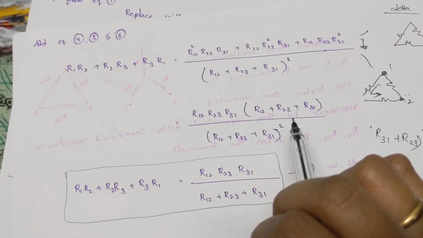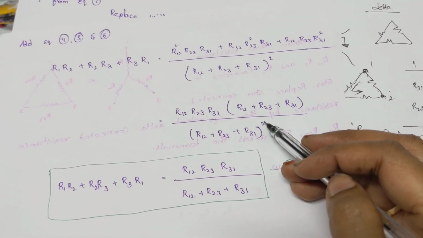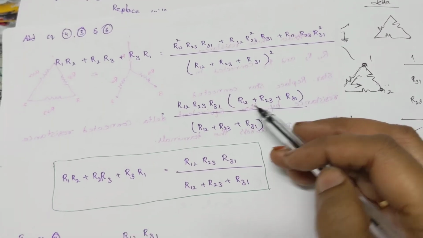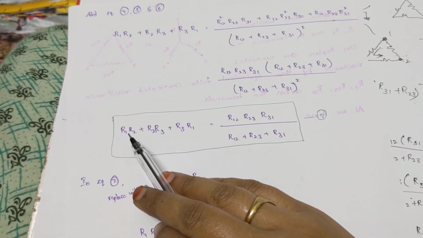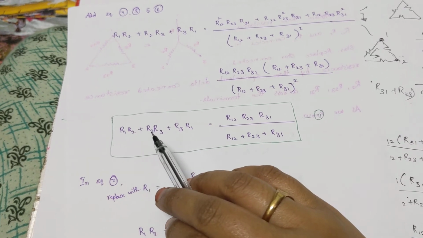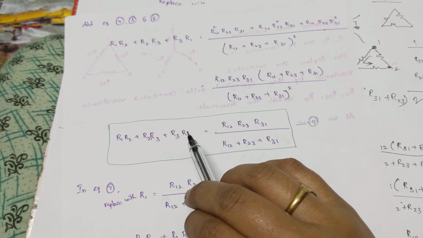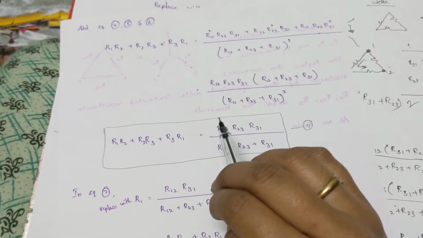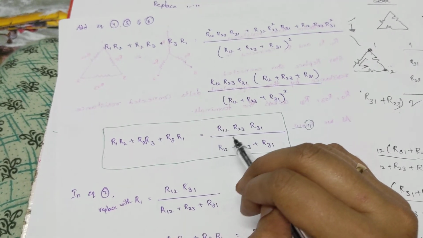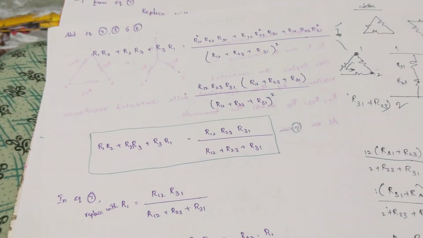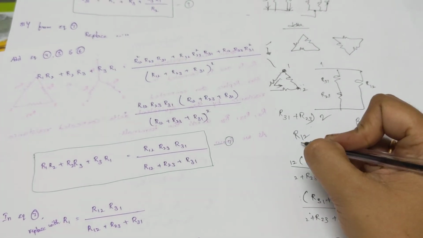From this, if I cancel over this, the square term will be cancelled over here. So the rest of the element will be R1 R2 plus R2 R3 plus R3 R1 equals this value. Right now I am interested only in R12, because I need the delta value.